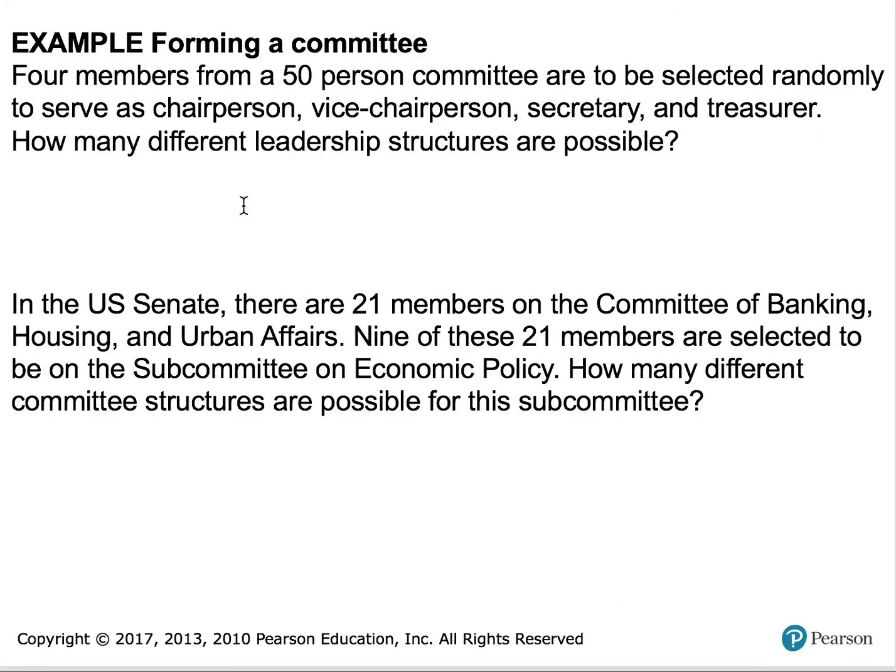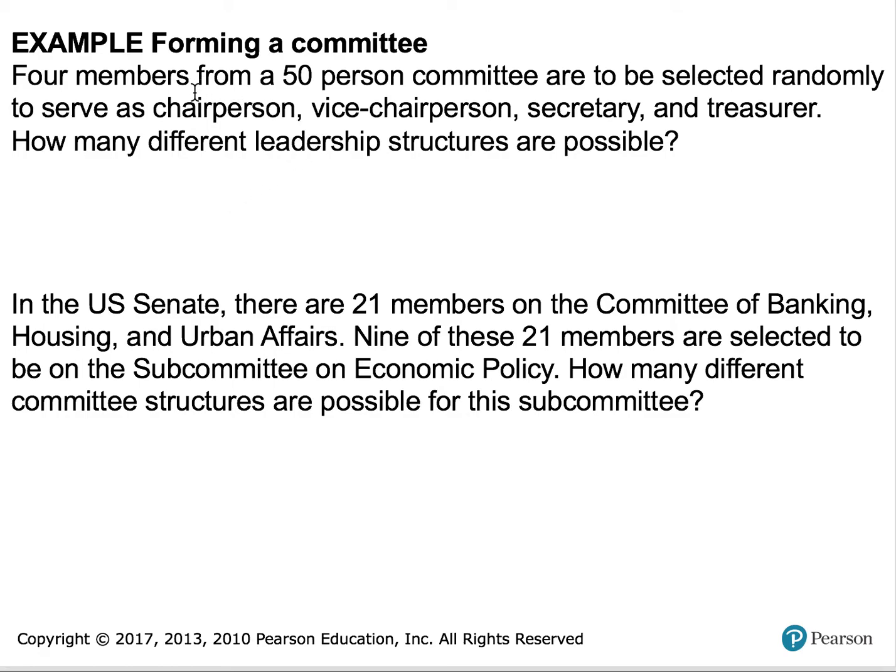All right. 4 members of a 50-person committee are to be selected randomly to serve as chairperson, vice chairperson, secretary, and treasurer. How many different leadership structures are possible? Okay, so it's asked me to count this thing up again. My first question is, is it a permutation or a combination? Does the order matter?